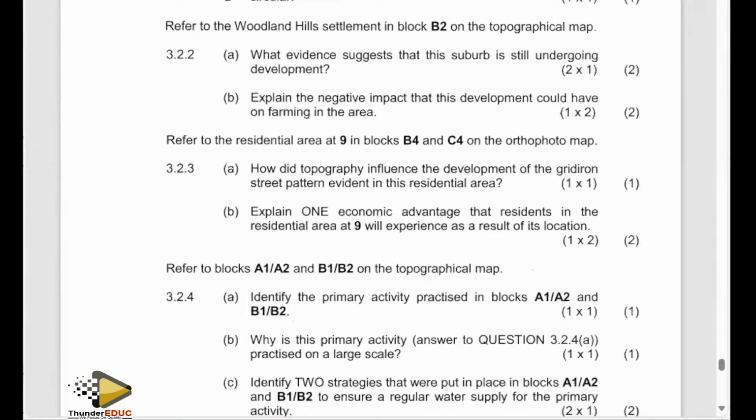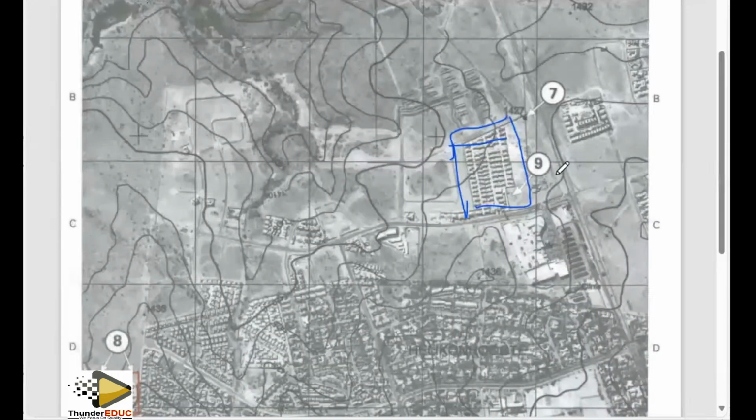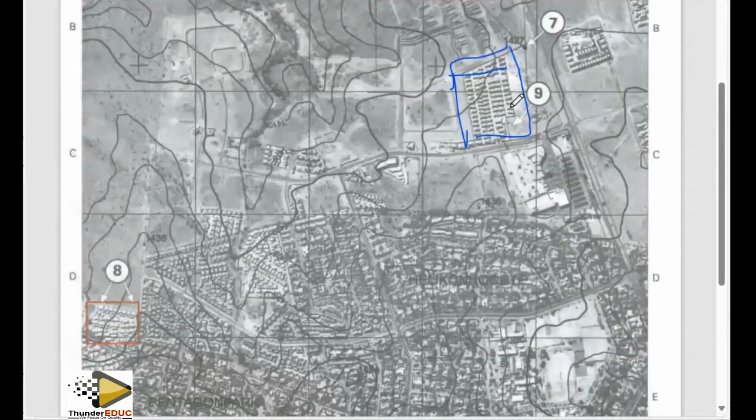Explain one economic advantage that residents in residential area 9 will experience as a result of its location. What is the advantage of these residents here? The economic advantage that is definite here is for transportation purposes. There's this road here, which is linking to this major road here.